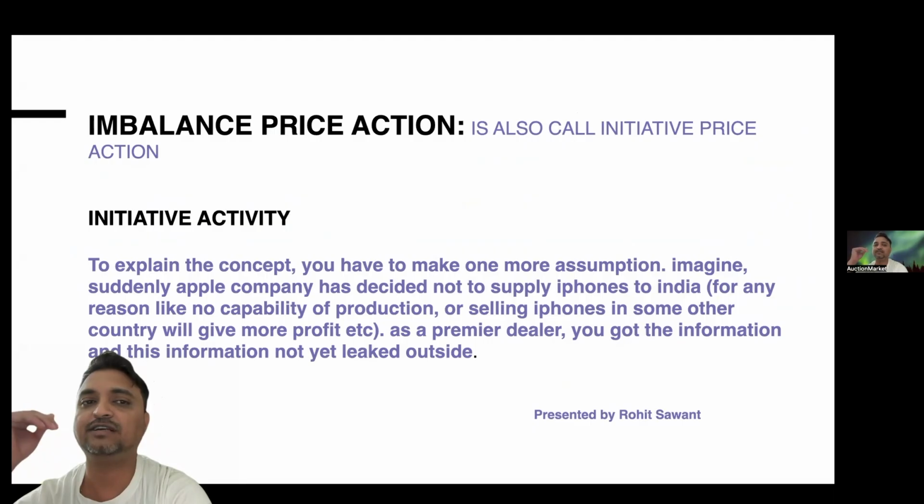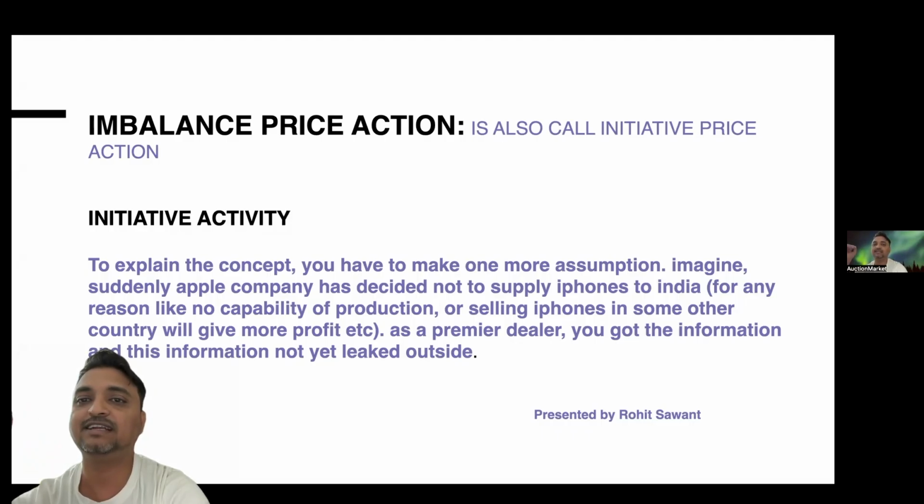You behave yourself in a proper way. That is called a balanced manner. When you go out of certain limits, when you go out of office for any outing, for any vacation, there you become imbalanced. This is a very good example, this is how you can memorize. When you go out of your boundary line, that is where your price becomes imbalanced.